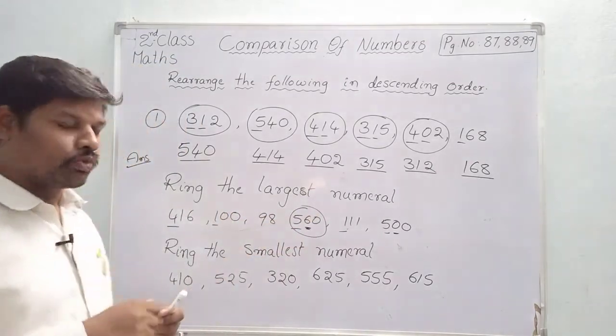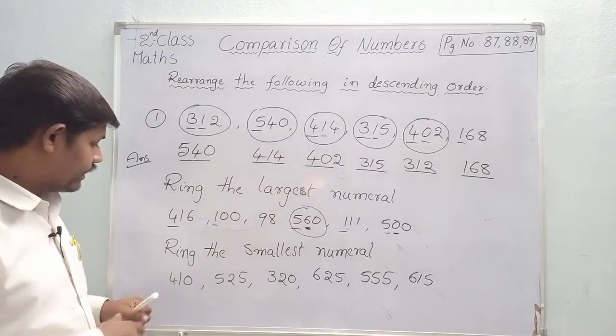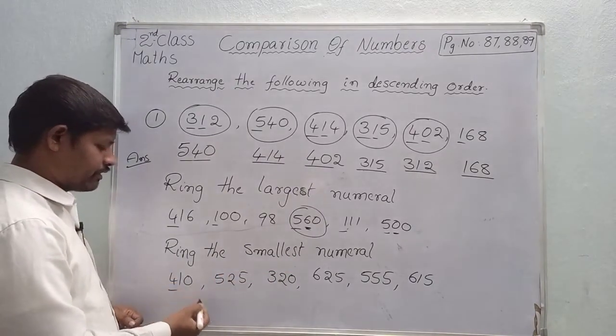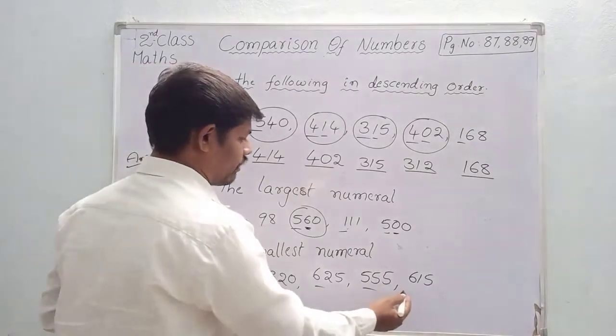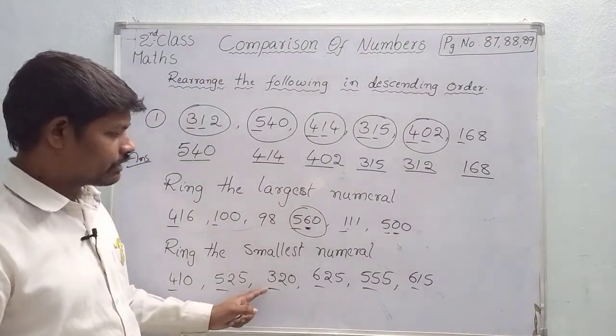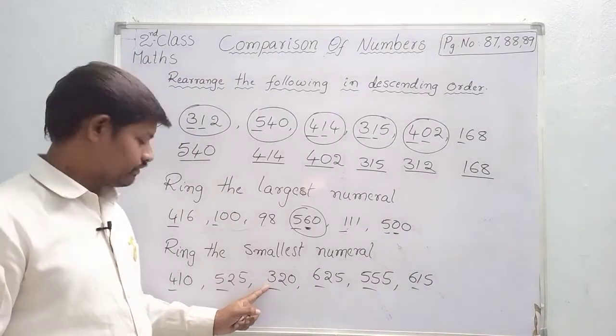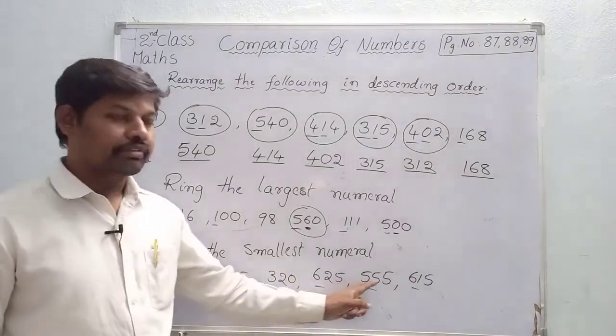Okay, like that. Next one, the smallest number we have to circle. Here we have to compare hundreds place. 4, 5, 3, 6, 5, 6. So which number is smallest in hundreds place? 3. The remaining all are 4 or more.